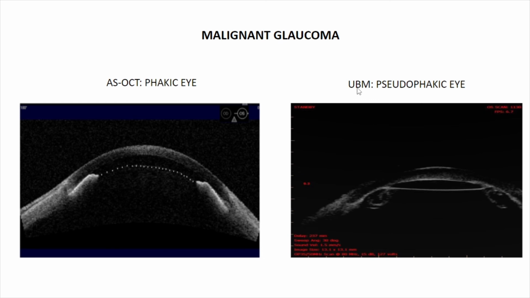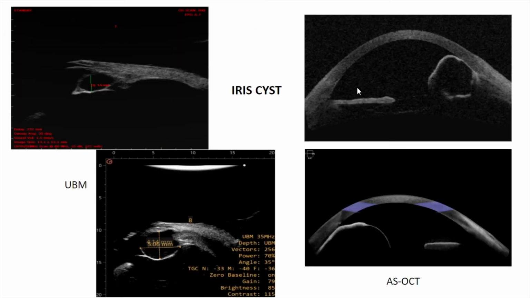The anterior chamber is shallow. So this first image is a UBM image. We can see a hyporeflective area showing the iris cyst, which is causing angle closure. This is the iris cyst. And on UBM also we can appreciate the iris cyst is present.